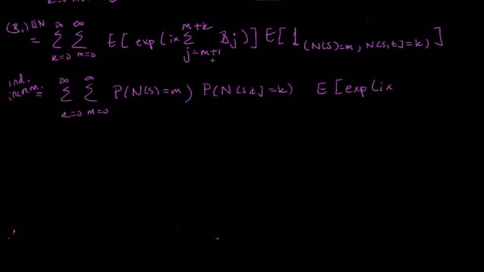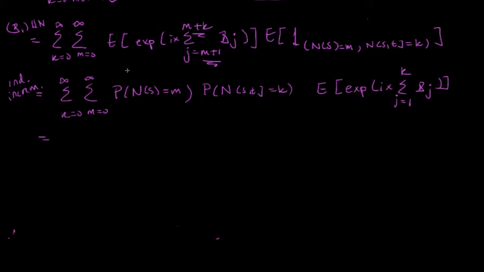And now look, I'm summing k terms, from m plus 1 to m plus k. But since I'm summing k IID terms, I can also just start my sum from 1 and then let it go up to k, right? Because the Xj's are IID.